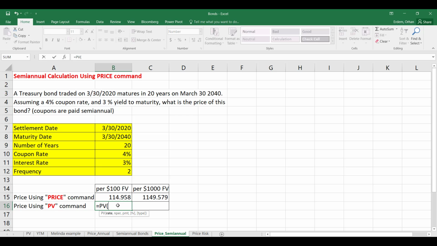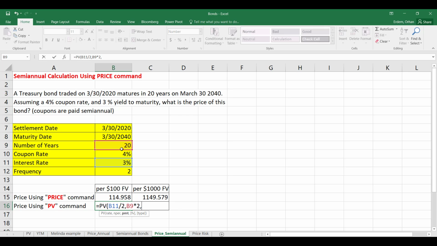So again, the same rate warning that I gave you before. Be very careful. In the PV function, rate refers to the yield to maturity, the discount rate, which is 3%. But since this is a semi-annual bond, we are supposed to divide it by 2, and then comma, number of periods. So the number of periods is 20 years multiplied by 2, just because every 6 months the investor is going to receive a coupon. So there are 40 periods. And PMT is the periodic payment.